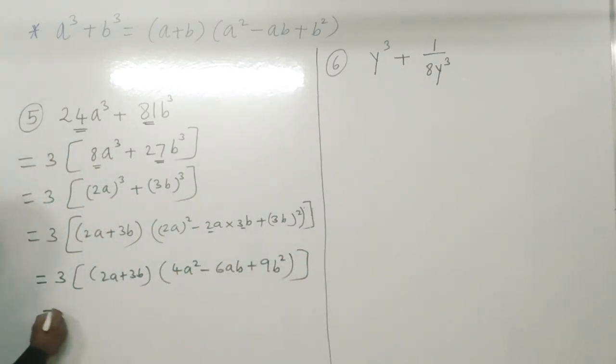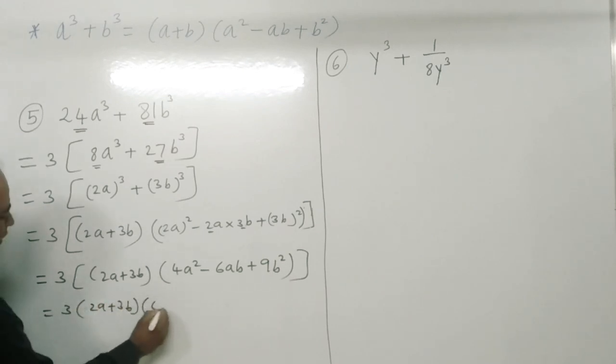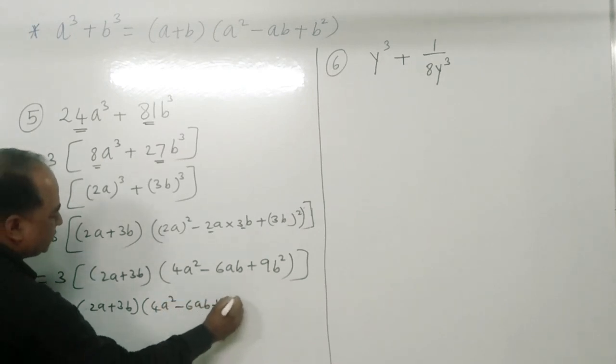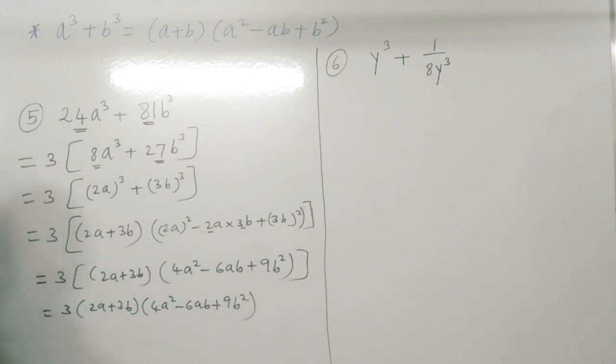So the last step, the answer is 3 into 2a plus 3b and 4a square minus 6ab plus 9b square.